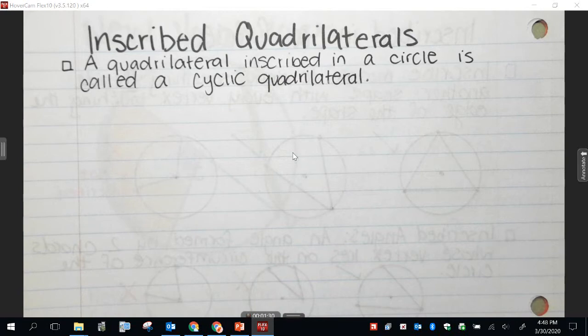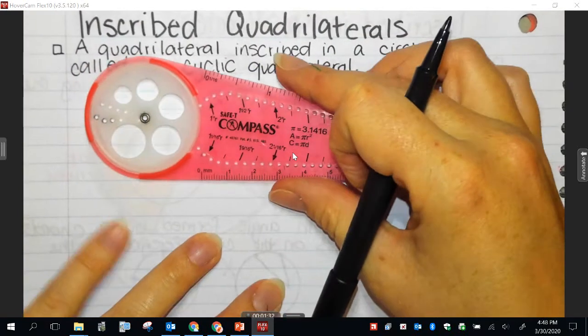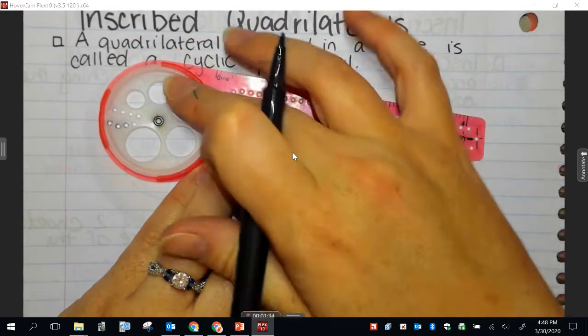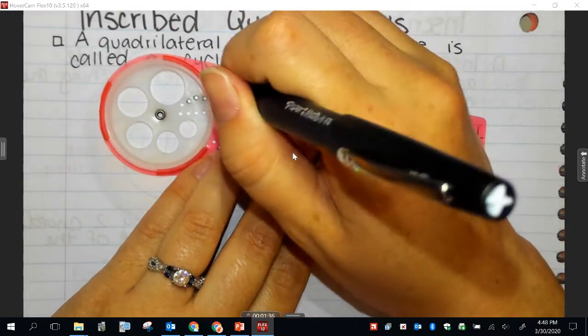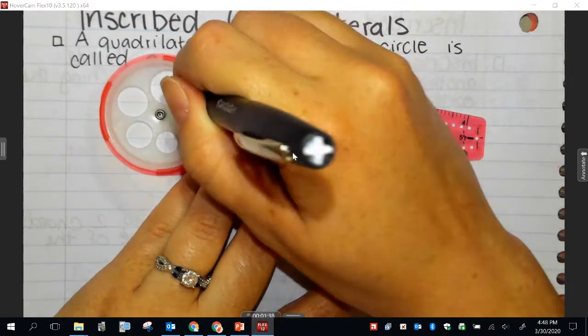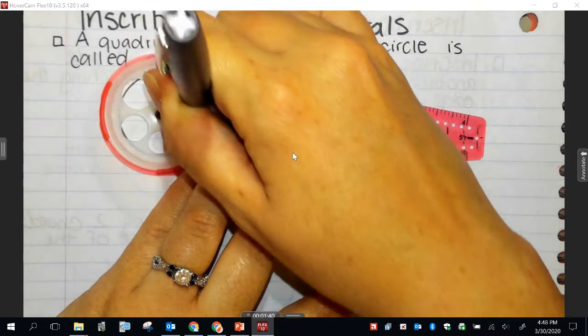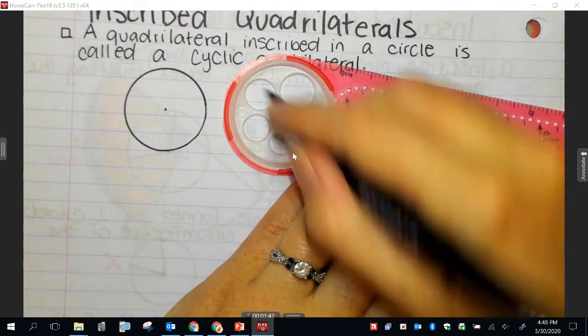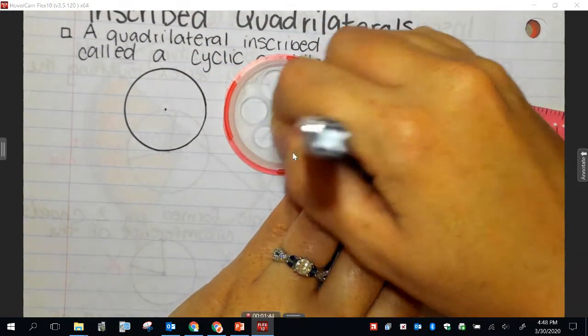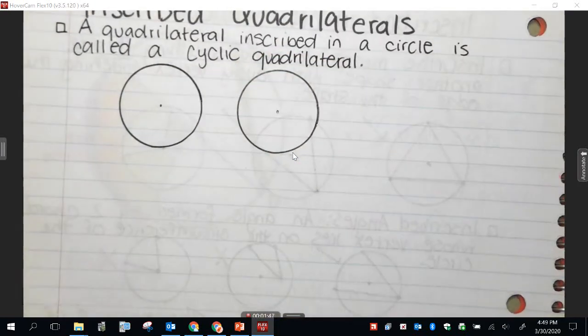All right, let's do two examples of what cyclic quadrilaterals look like. So let's see, put a center here, make it about this big. Okay. Put another circle over here, about that big.